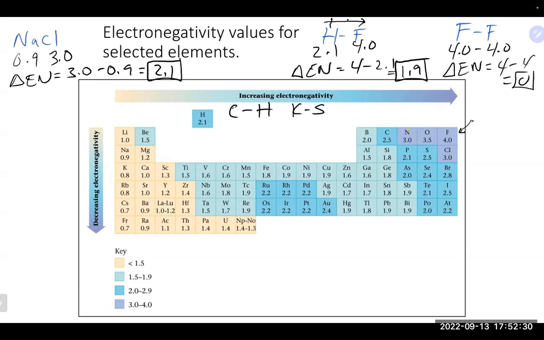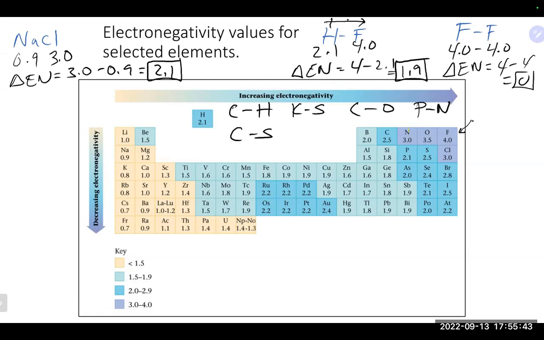Let's do CO. Let's do PN. And let's do perhaps DS. All right, so for each of these, calculate the change in electronegativity and determine whether or not they are ionic, polar, or non-polar. Okay, let's take a look.